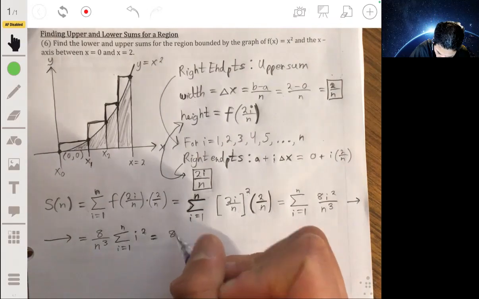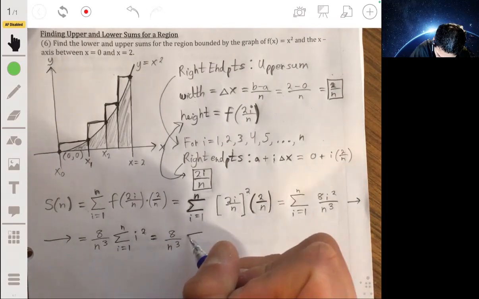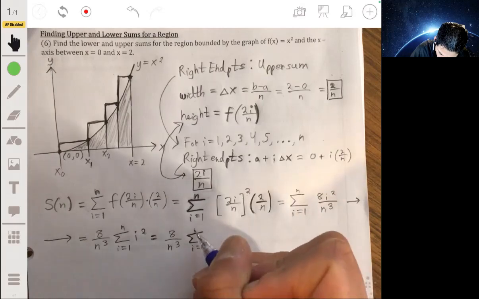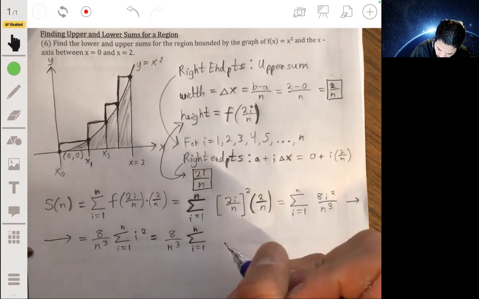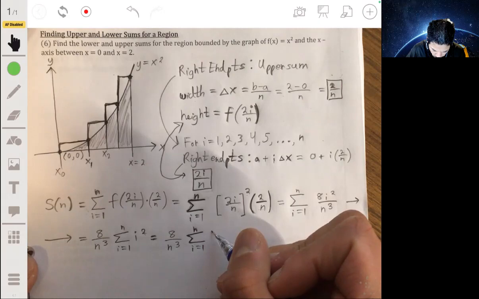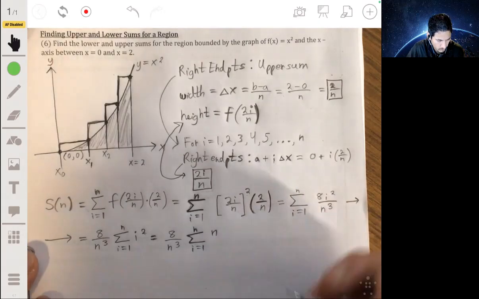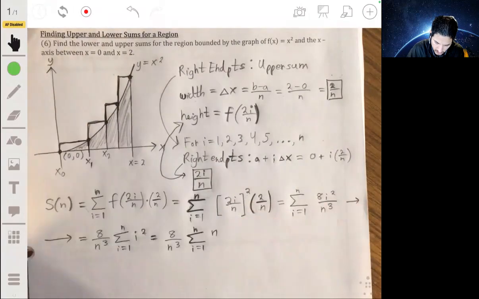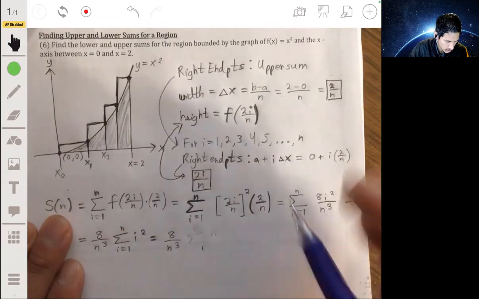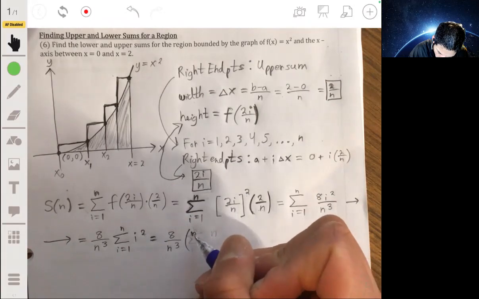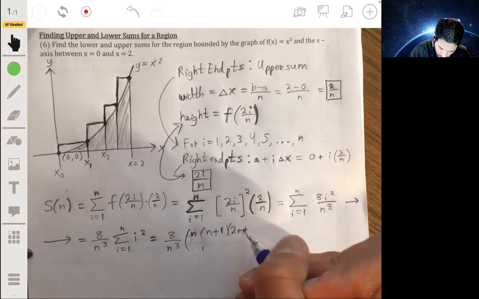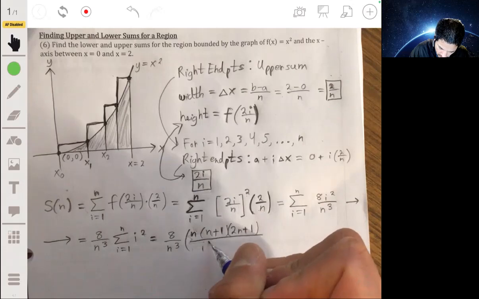This will be equal to 8 over n cubed times n times n plus 1 times 2n plus 1, all over 6.